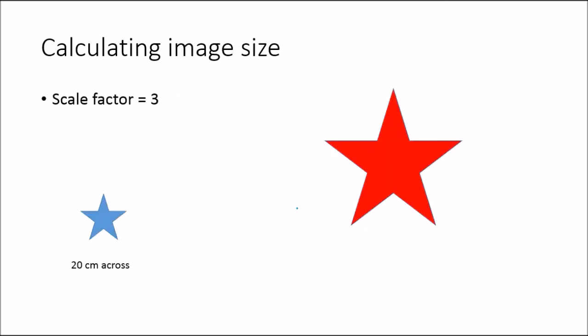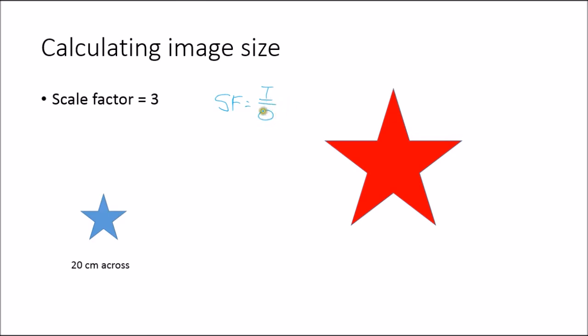Calculating image size, so it's exactly the same thing we did before. Now in this case I've got an object which I'm saying is 20 centimeters across. I've got an image which has a scale factor of 3. Now you can see that that's bigger, and also we know from what we've said before that a scale factor of 3 corresponds to enlargement. Now if scale factor is image over object, I want to find the image size.